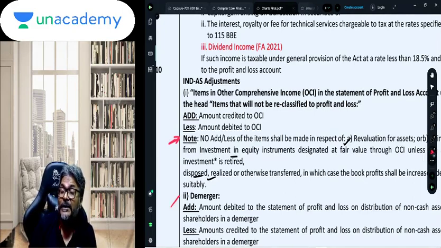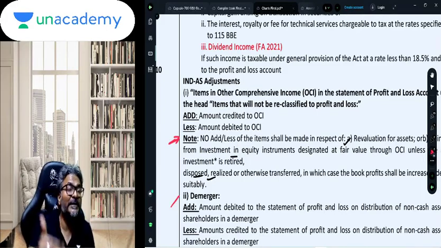So if supposingly they give it to you that the book profit as per 115JB subsection 2 is rupees 50 lakhs, it implies that this is not after taking into account 115JB 2A to 2D, which is all about the Ind AS adjustment, which means that those items which are separately highlighted in the question need to be taken into account as we have discussed just now.